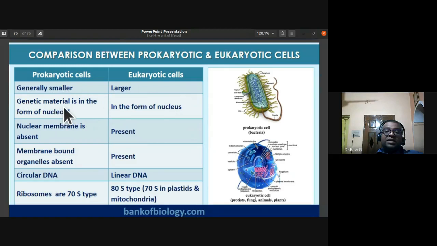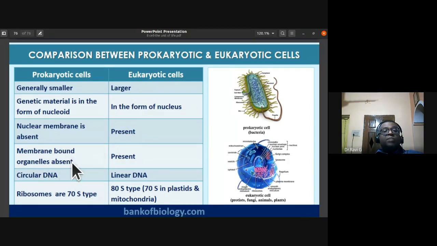In prokaryotic cells, there is no nuclear envelope and no nucleolus. That is the reason we call it a false nucleus, and this naked DNA material we call the nucleoid.